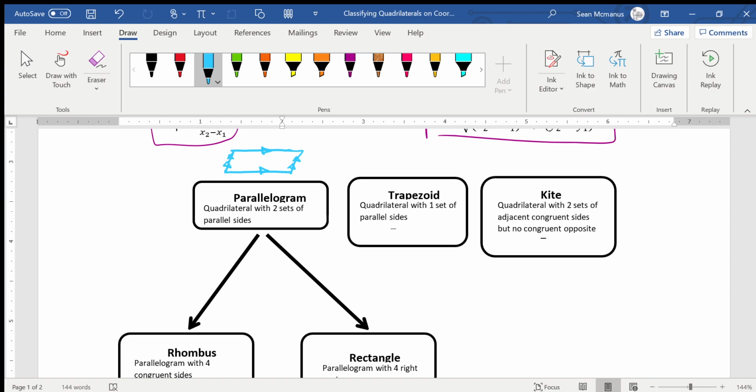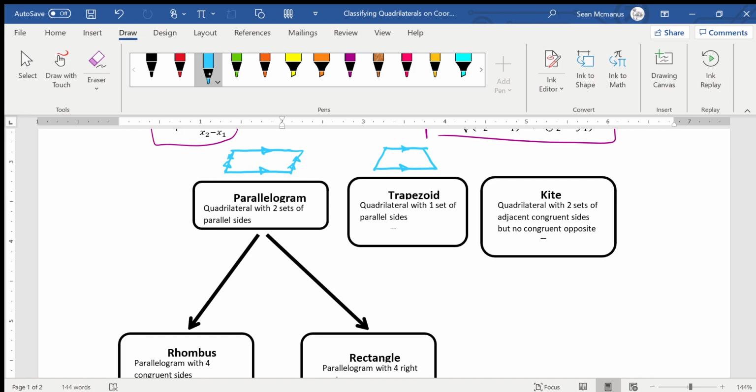A trapezoid is a quadrilateral, so four sides with one set of parallel sides. It's going to have something like this, where there's one set of parallel sides, but the others are not parallel, right? They might look like that. And a kite is a quadrilateral with two sets of adjacent congruent sides, but no congruent opposite sides.